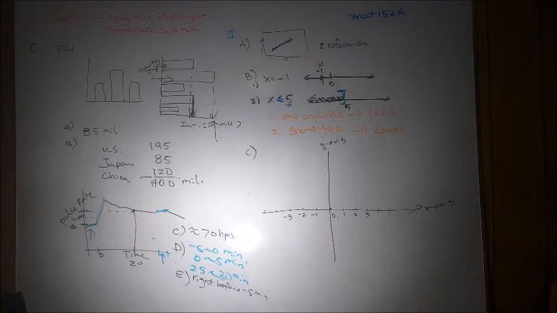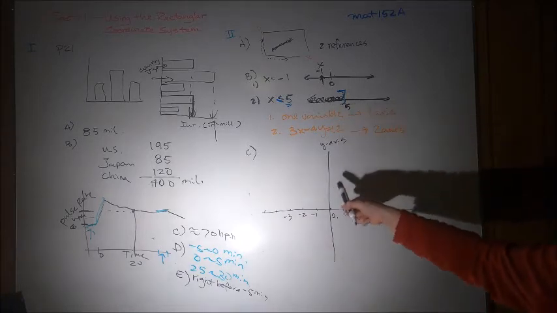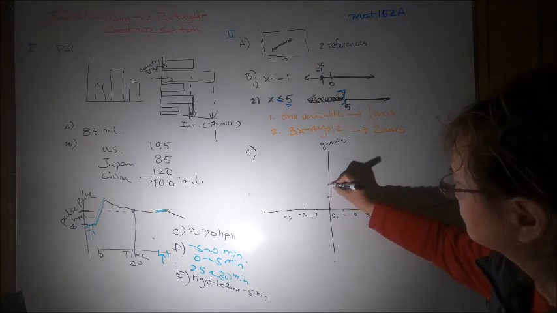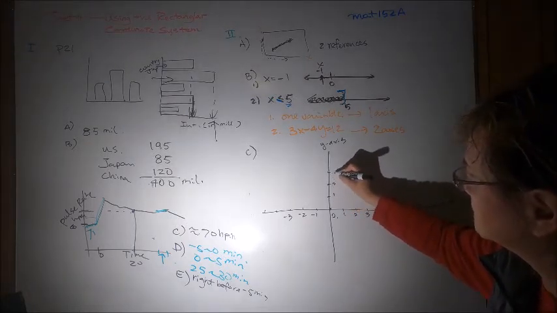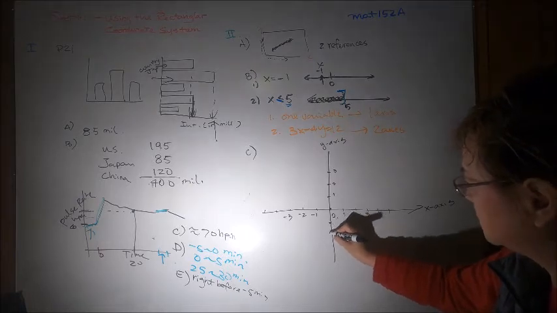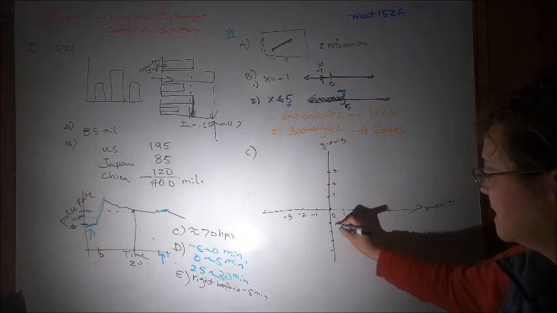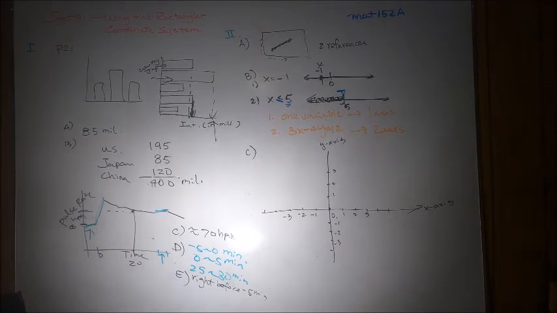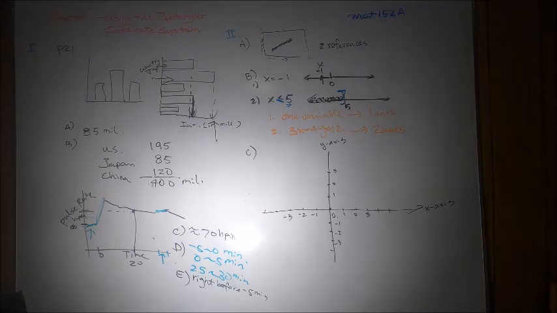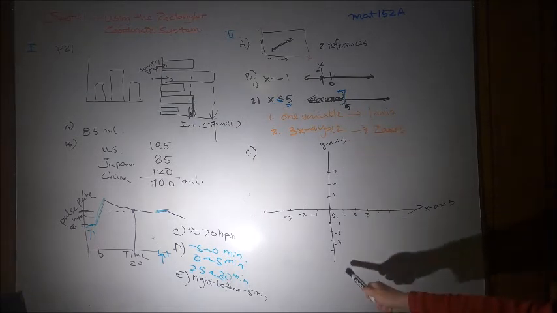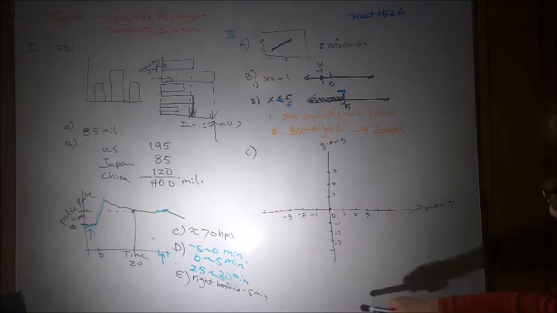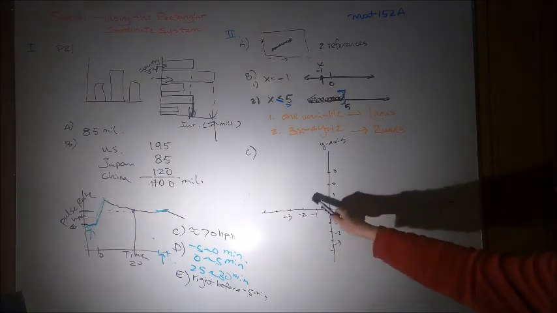Right? And as for y, what do you think? Going up would be positive. Right? Going down would be negative. That's how we identify them. Right? So, for 2 axes, we split the rectangular screen into how many parts? 1, 2, 3, 4.